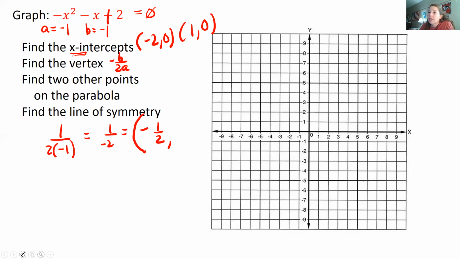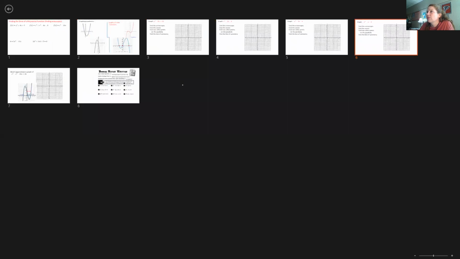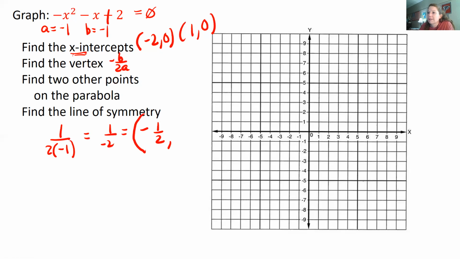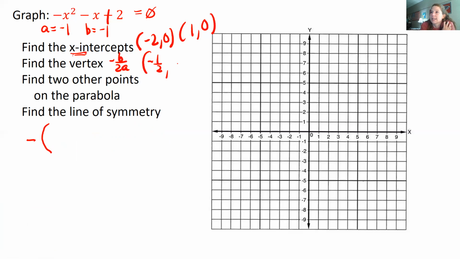And now to get our y value, we're going to plug in -1/2. So we're going to do the opposite of, what was it, -1/2? Did I do it again, you guys? I just erased it. Dang it. 1 over 2 times -1. Yeah, that's correct.